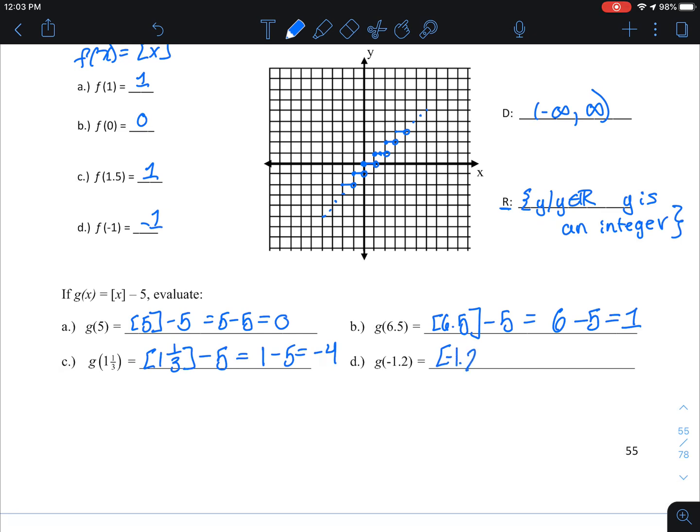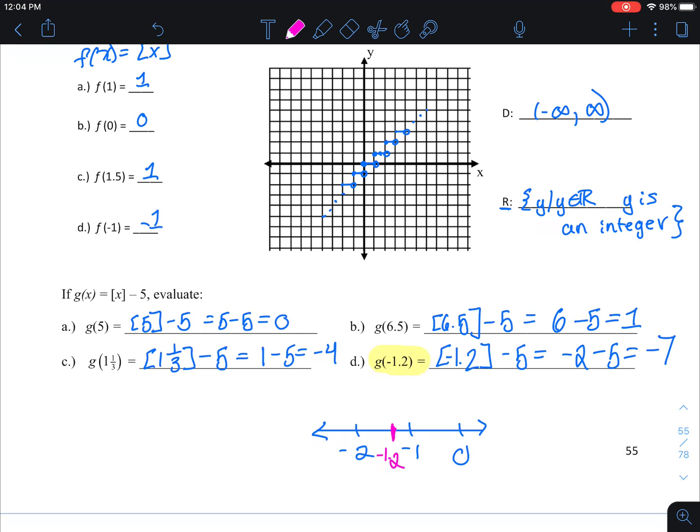And negative 1.2. The greatest integer that is less than or equal to negative 1.2 is negative 2. Minus 5 is equal to negative 7. This one might have tricked you up. And let's talk about it. So if you think about a number line, let's plot negative 1.2. So negative 1.2 is about here. So it's past the negative 1.